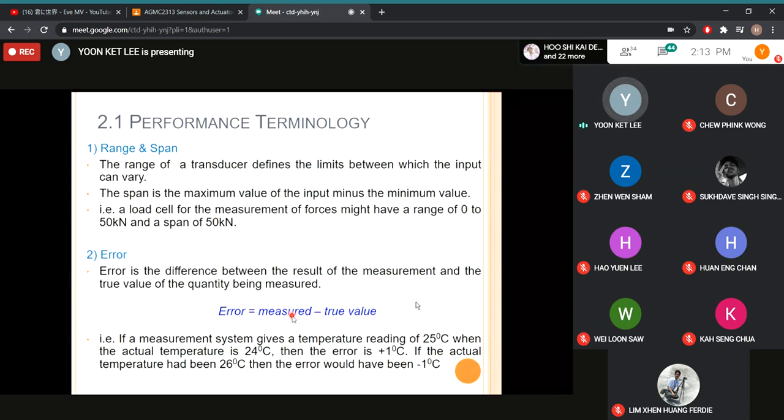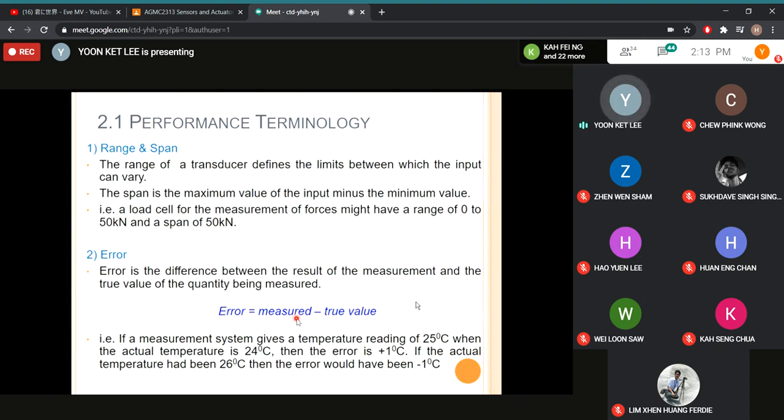For example, body temperature. I place the thermometer under my knee or wherever, then I measure. Because the thermometer is maybe not that sensitive, it may give you some error.